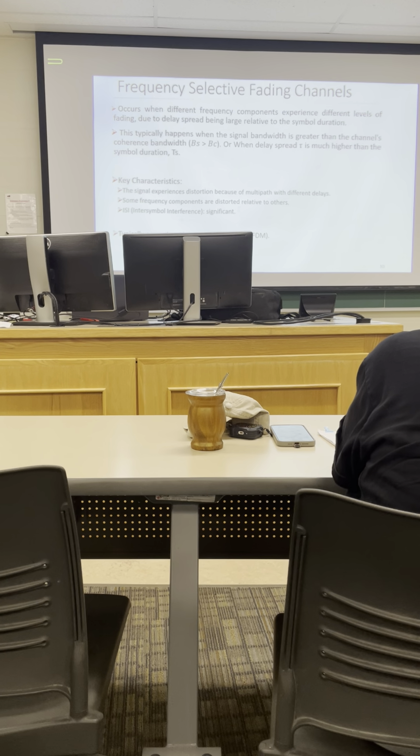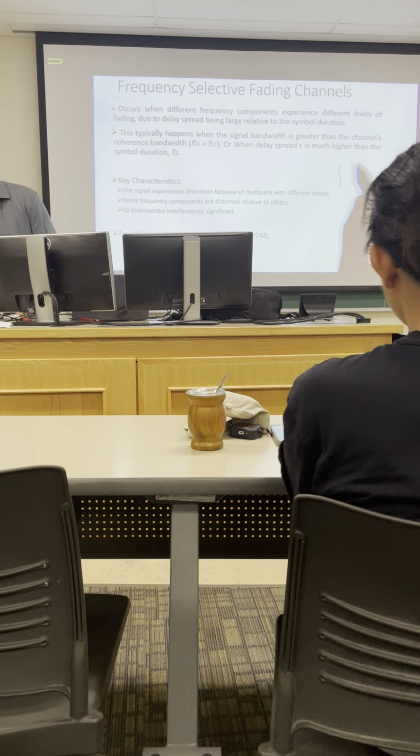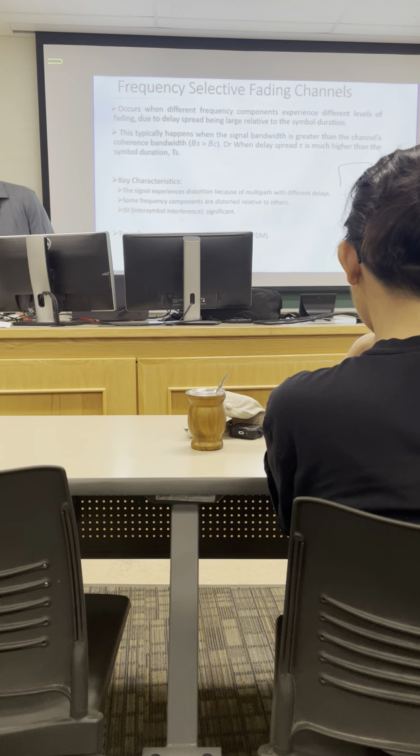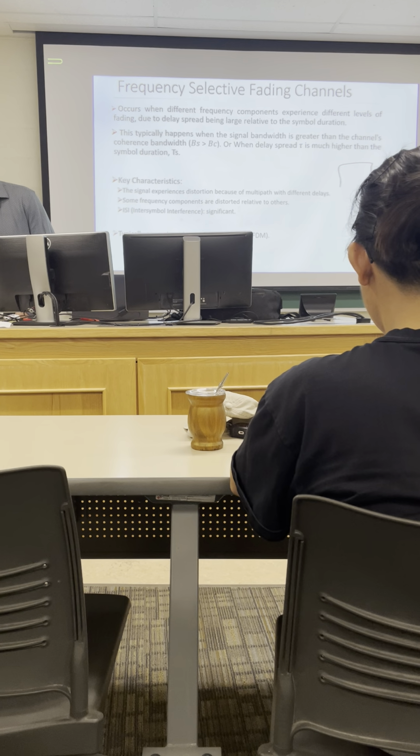What about frequency selective? This is totally the opposite of what we just discussed, frequency flat. So now I have frequency selective. Frequency selective means that I select some frequencies out of the bandwidth, because of the signal bandwidth. See here, this is the signal bandwidth.